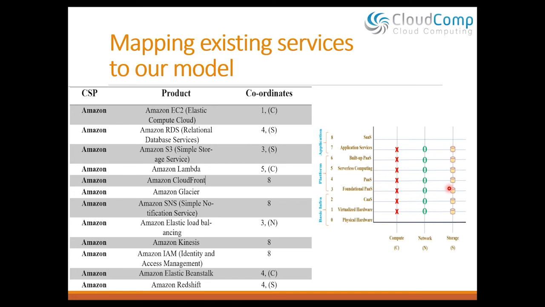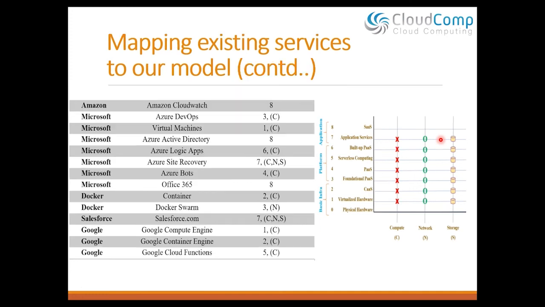Similarly, we can find several other services mapped onto this, like IAM as 8 because it is a ready-to-use application. Docker as 2C. Docker Swarm at 3N. Microsoft Azure Logic Apps like 6C.